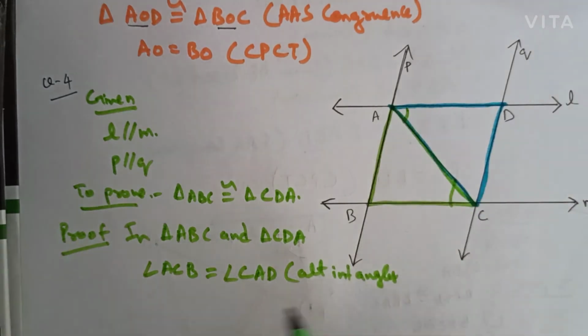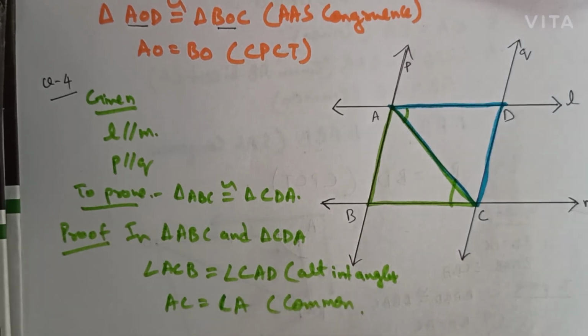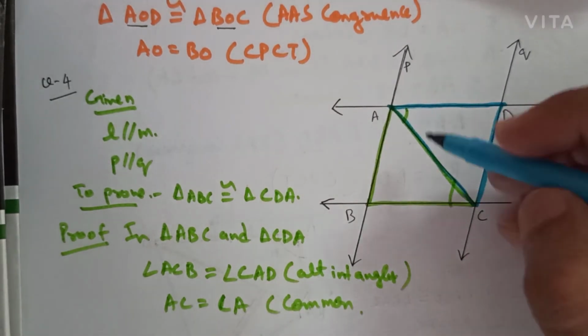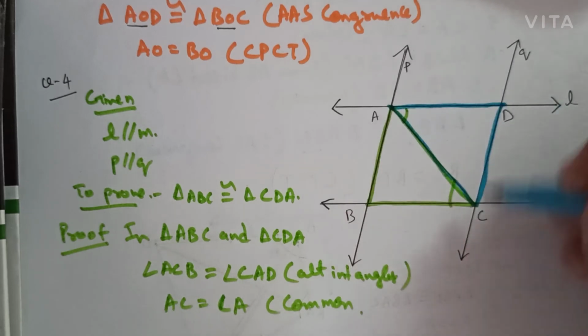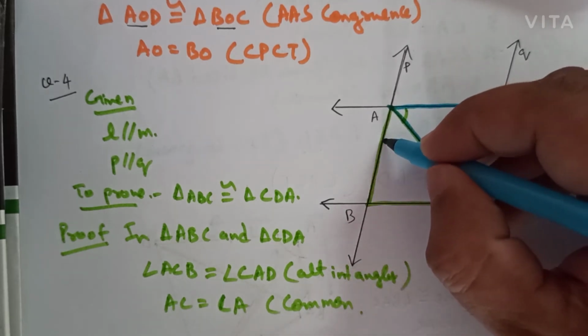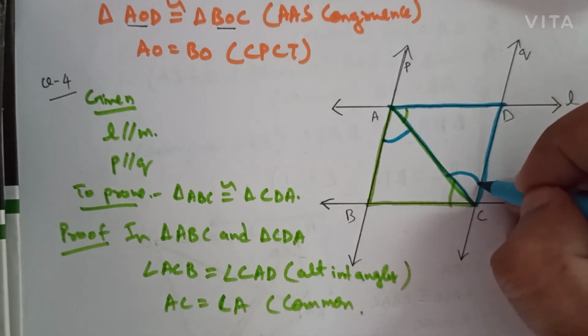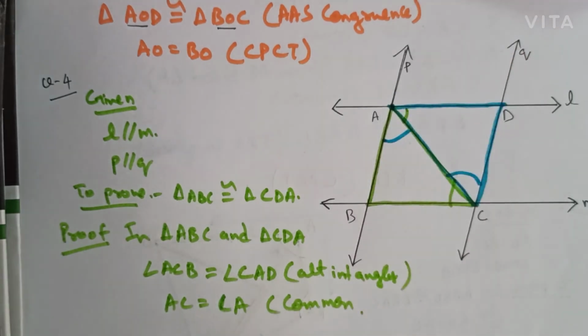Before that we will write AC equals to AC, that is AC equals to CA, common side. AC equals to CA is a common side in the two triangles. Then we move to the next part. If P is parallel to Q, then this angle will be equal to this angle because it is making a Z. Let me show it with another color.